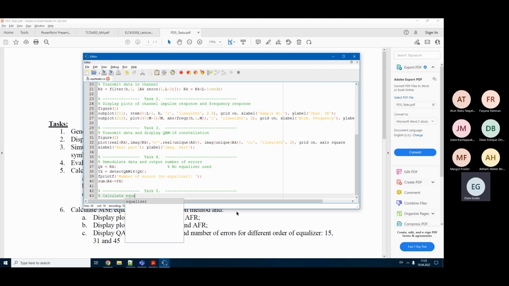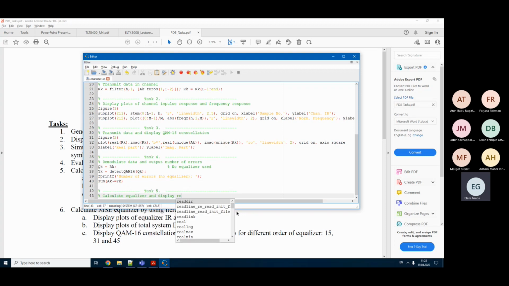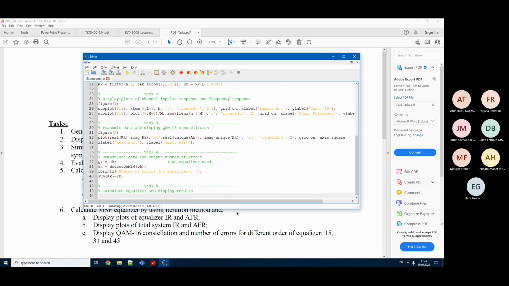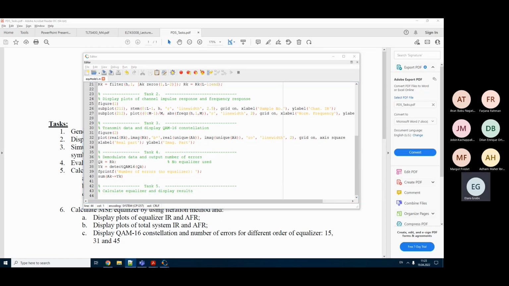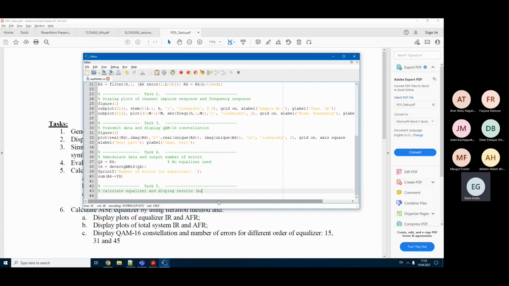Calculate equalizer and display results. So for this, we are going to use the autocorrelation method. So I'm going to specify this as autocorrelation method.